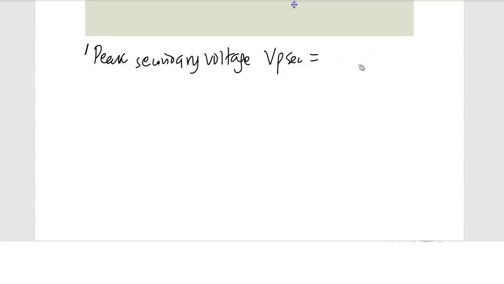First of all, we need to determine the peak secondary voltage. So Vp secondary is going to be 12 times square root of 2, because to get the peak voltage for an AC, we have it as VRMS times square root of 2.